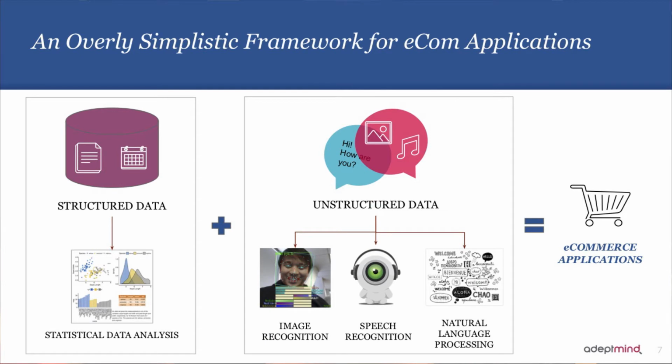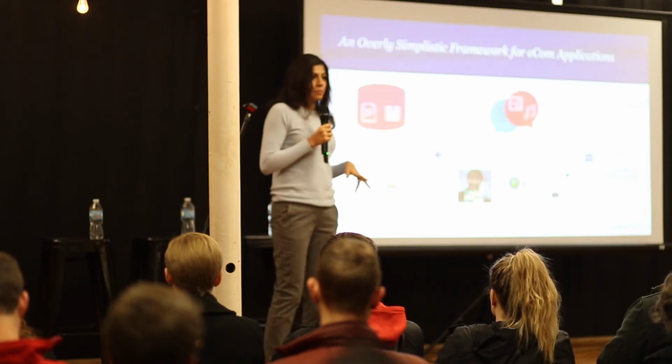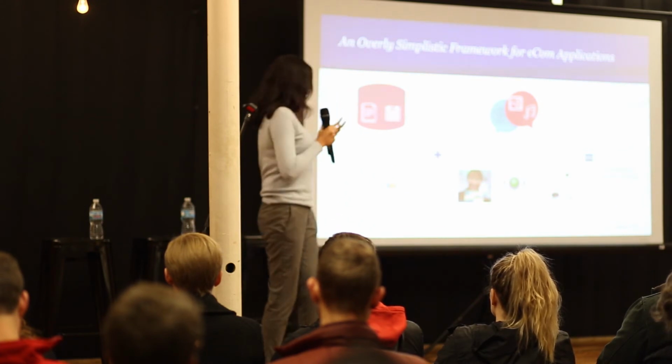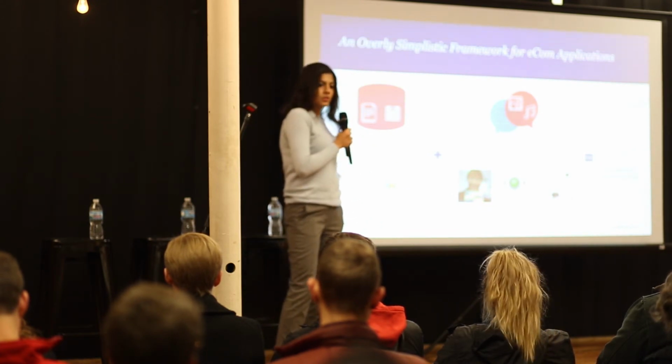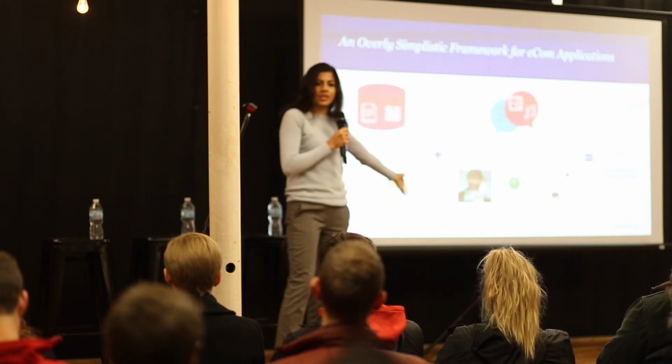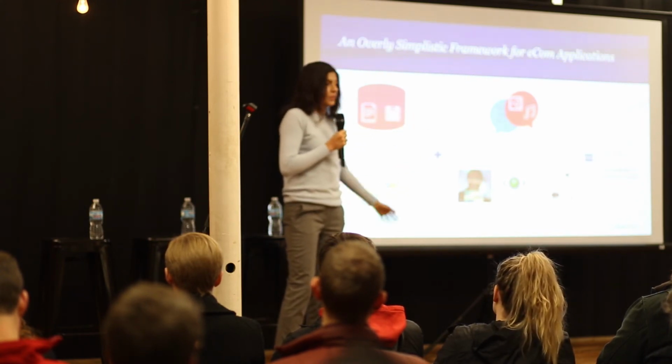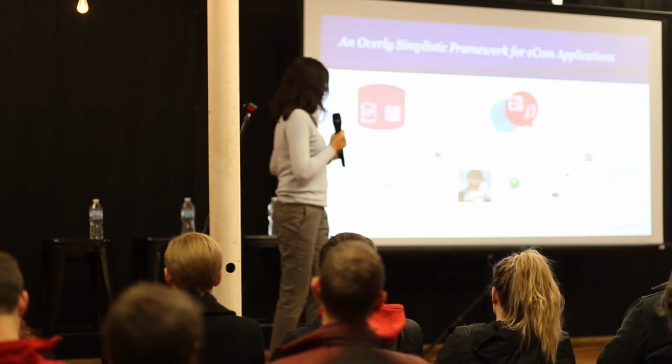Unstructured data is basically text and images and music and all of that, things that cannot be tabulated. What deep learning or machine learning or artificial intelligence did is that now we have the ability to analyze unstructured data using image recognition technologies or speech recognition or natural language processing. So most e-commerce applications that are based on AI are actually a combination of traditional statistical data analysis and unstructured data analysis technologies that are fairly new. So that's basically how e-commerce applications come into being.